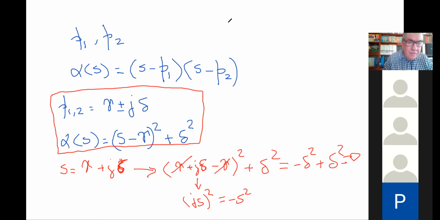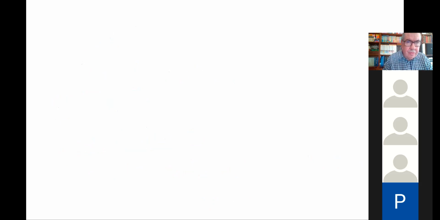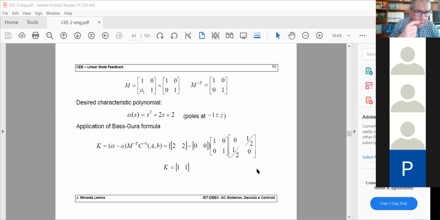Okay, just to conclude the example, now I have everything. I have alpha, and the coefficients alpha 1 and alpha 2 are 2 and 2.